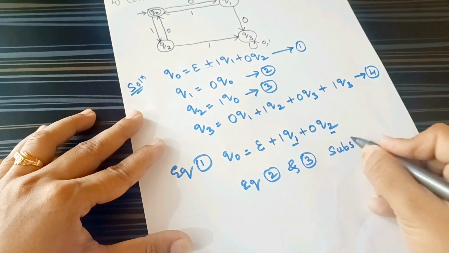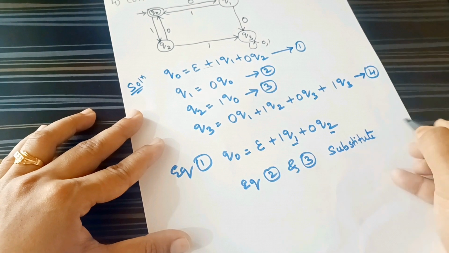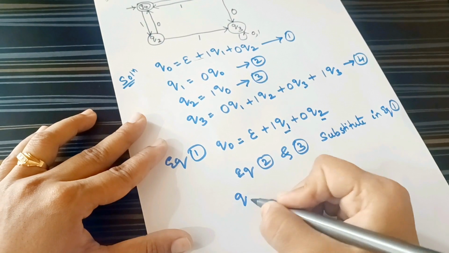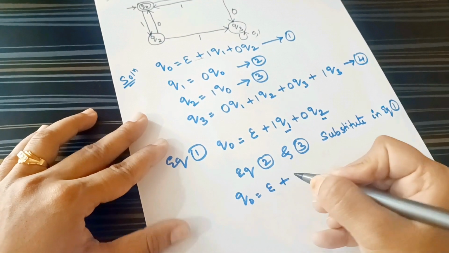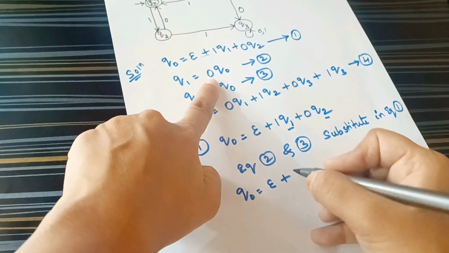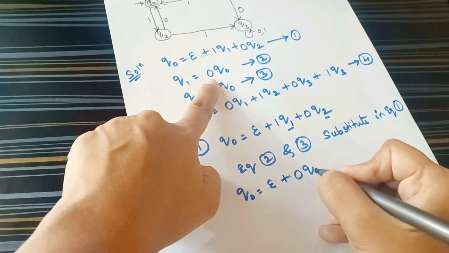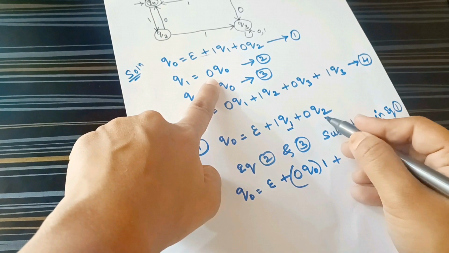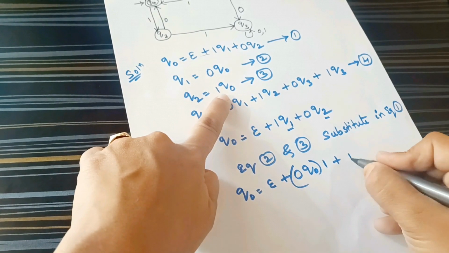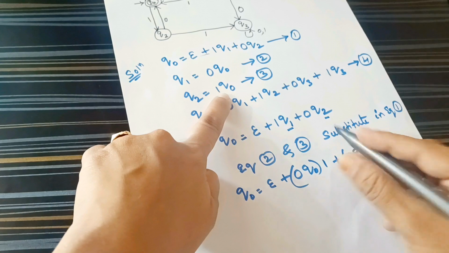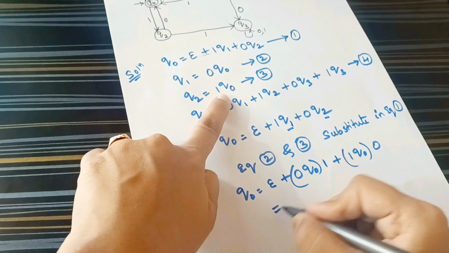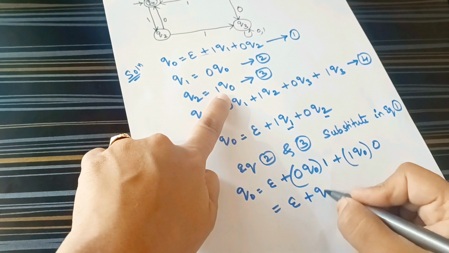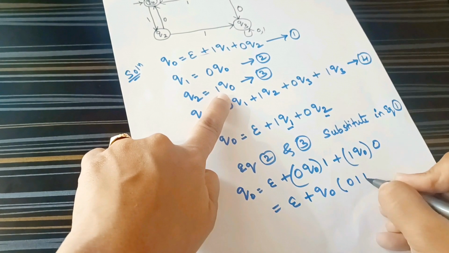So we'll get Q0 is equal to epsilon plus, in place of Q1 we are substituting 0 into Q0, and the 1 stays as it is, plus in place of Q2 we are substituting 1 into Q0, and the 0 stays as it is.